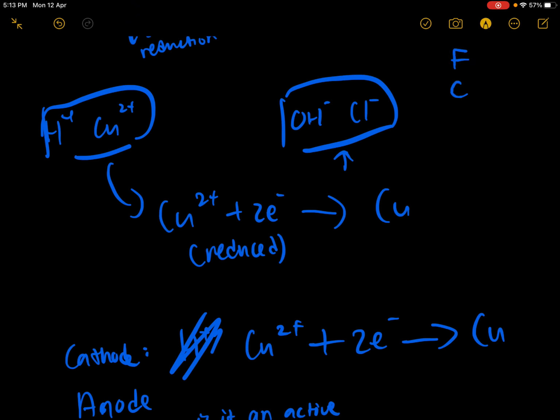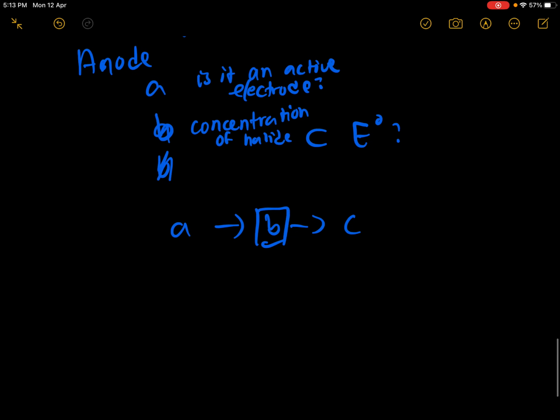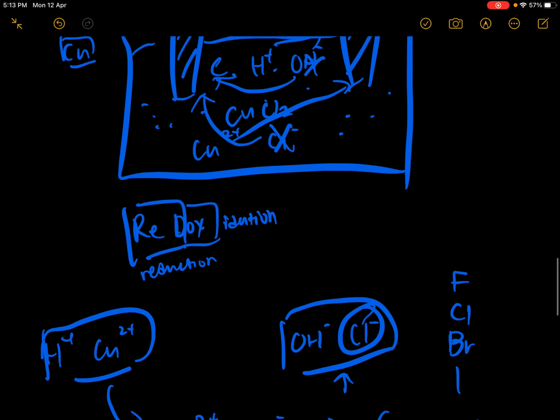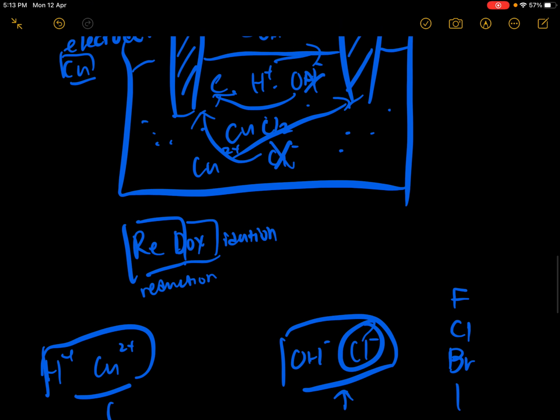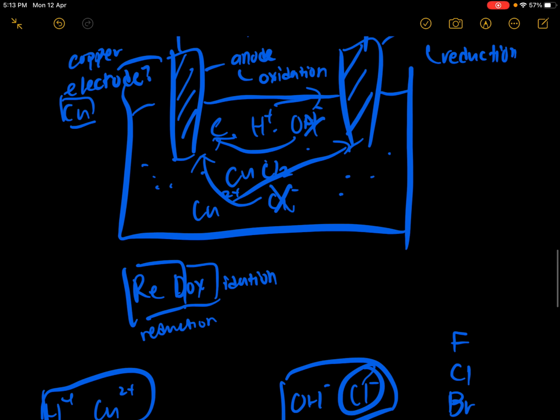Halogens include fluorine, chlorine, bromine, iodine, and so on. We know that chloride ion is a halide. So we need to take B into consideration. What is the concentration of the halide? Now, I did not give the concentration of this halide.